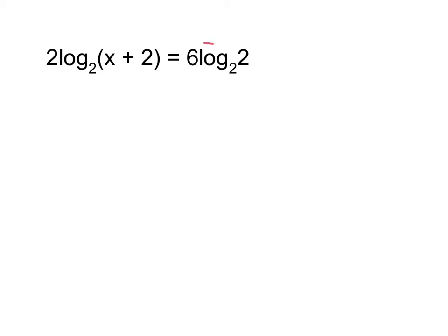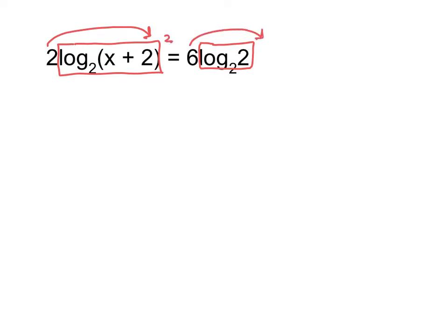In order for that to happen, this has to be isolated on this side, and this log has to be isolated on this side. So in other words, that 2 needs to go someplace, and so does the 6. Well, if we use our power rule and make that squared, and make that to the 6th power, then what we have is this.